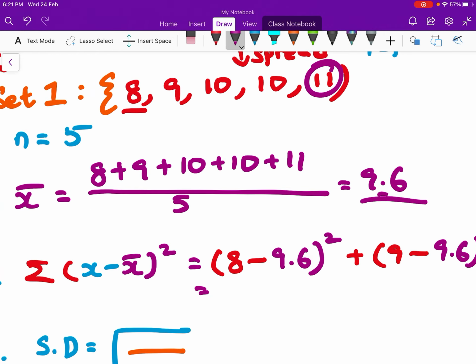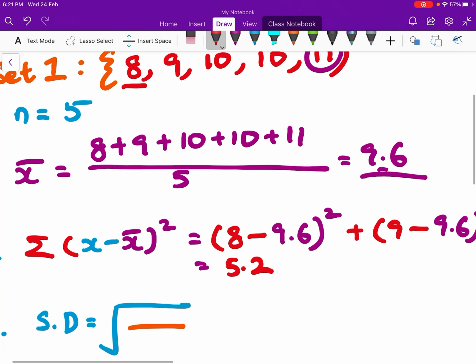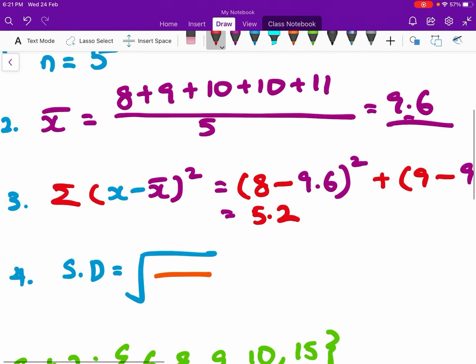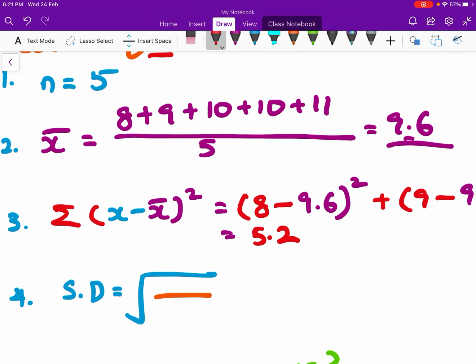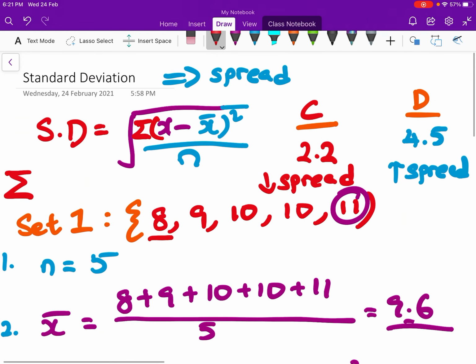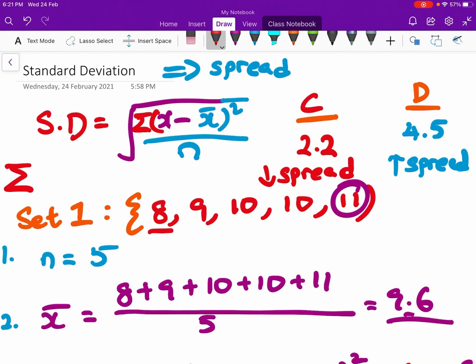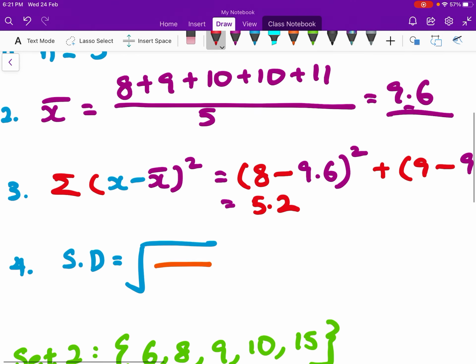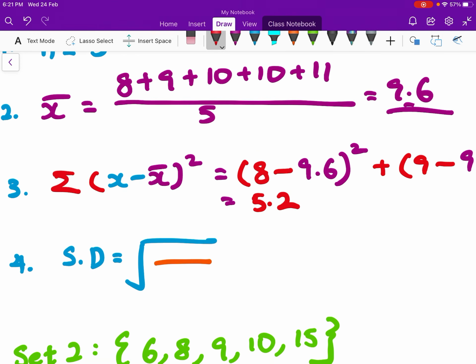Now we go to our final step. We go back to our standard deviation formula: the summation of the bracket divided by the number of data that I have, and then of course, not to forget your square root. My numerator, the top part, is 5.2.